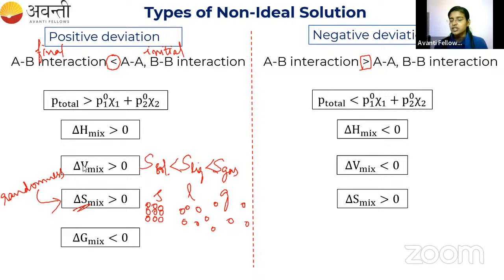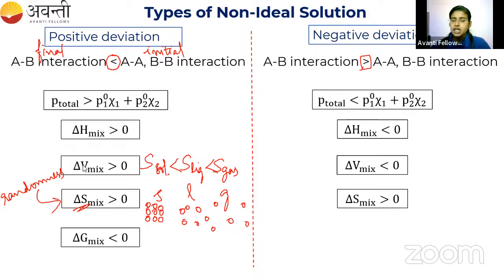Clear? If the randomness is more, entropy is more. Then the change in entropy, delta S, is also more. You can compare the entropy, but you cannot have an example for a particular system.